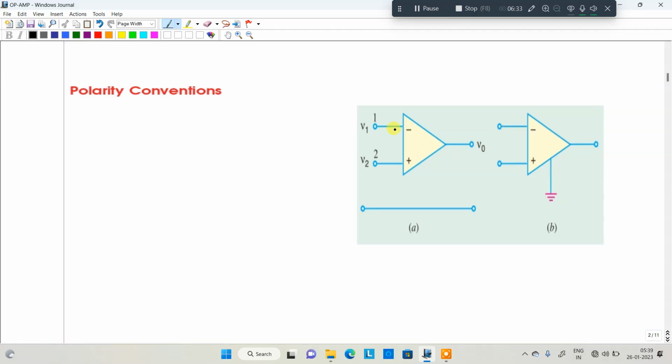For example, in this case, which terminal is this? Inverting terminal. This is the non-inverting terminal. For example, I grounded the non-inverting terminal, and the input is connected to the inverting terminal. Got my point? Okay.